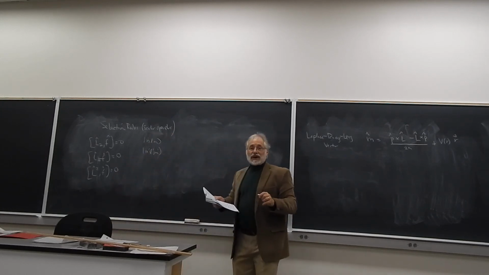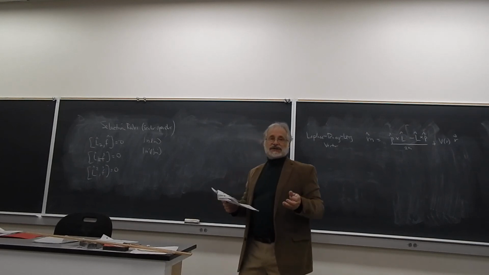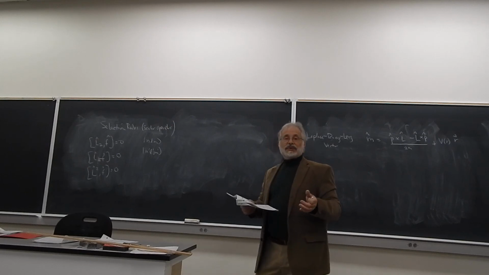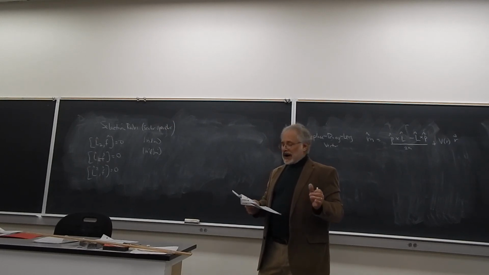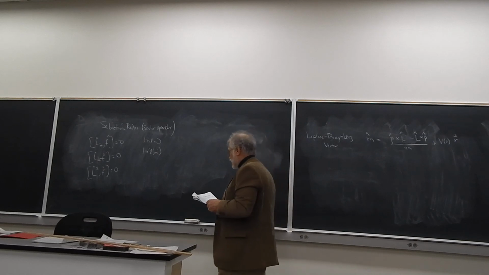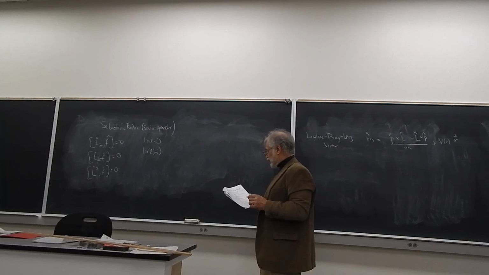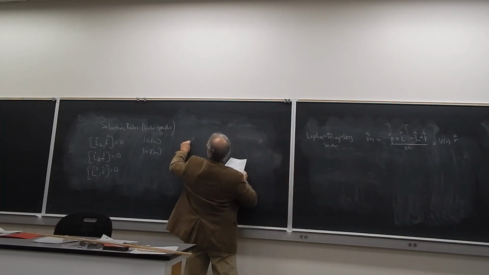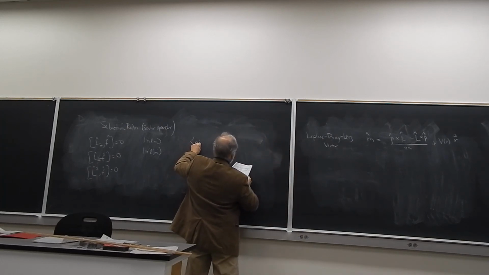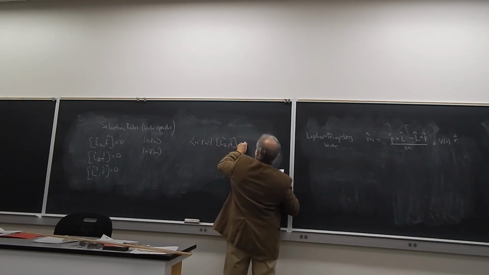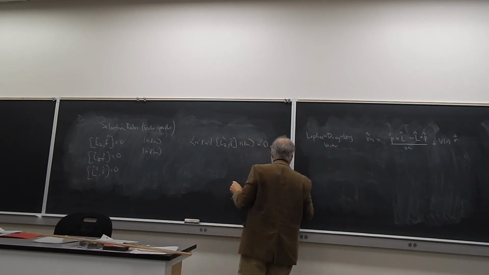Now, n, l, m don't have to correspond to the hydrogen atom or hydrogen orbitals. They can be anything, just as long as n, l, m and n prime, l prime, m prime are eigenstates, that is to say, of the angular momentum squared and the L_z operator. So, having said that, the matrix element of the commutator of L_z and F between n prime, l prime, m prime and n, l, m should be 0.